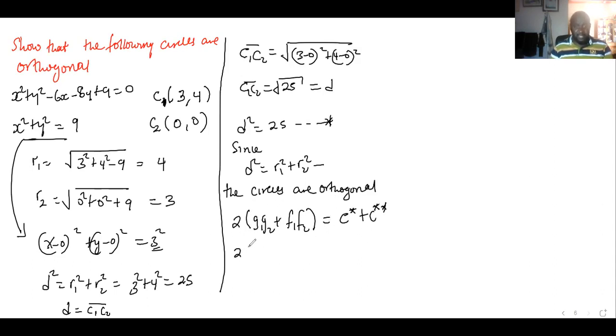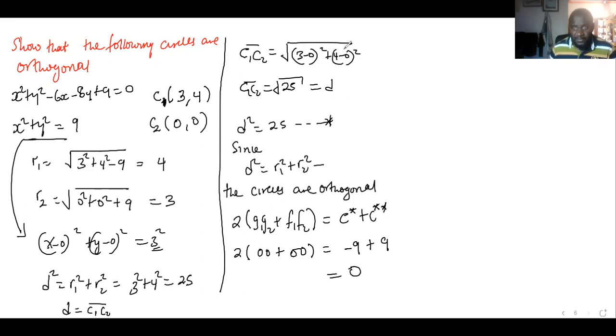So we shall get twice of, when I add the two, G1 times G2, you get 3 times 0, plus F1 times F2, which gives me 4 times 0. Is it equal to negative 9 plus positive 9? Yes. So whatever you find easier is what you use, but you state the equation which you're using to define the orthogonality condition.